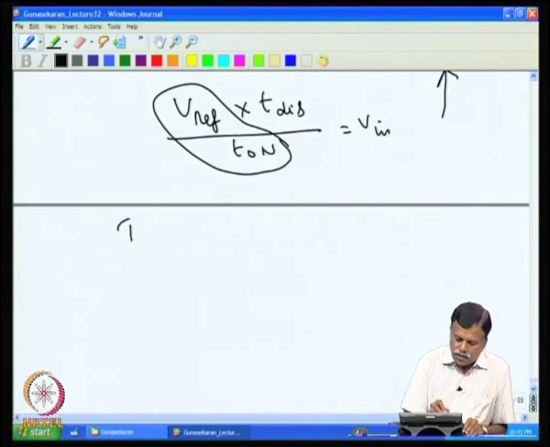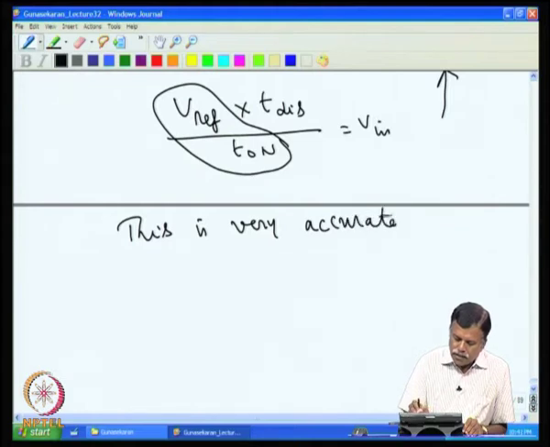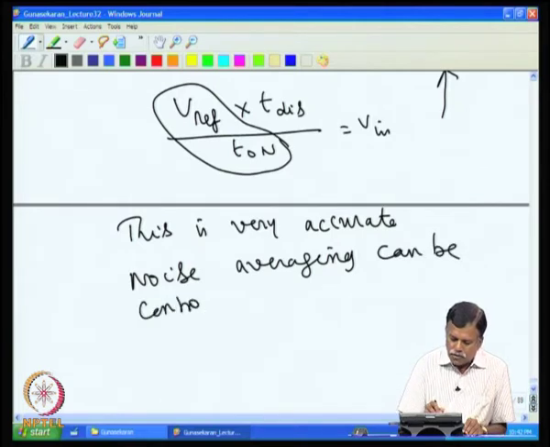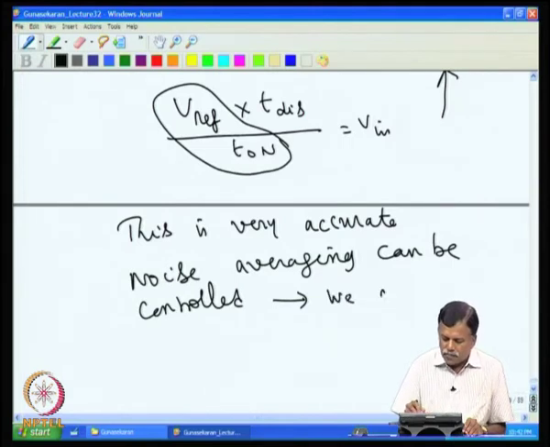So, this is very accurate. Noise averaging can be controlled. This is because we are fixing the on time.